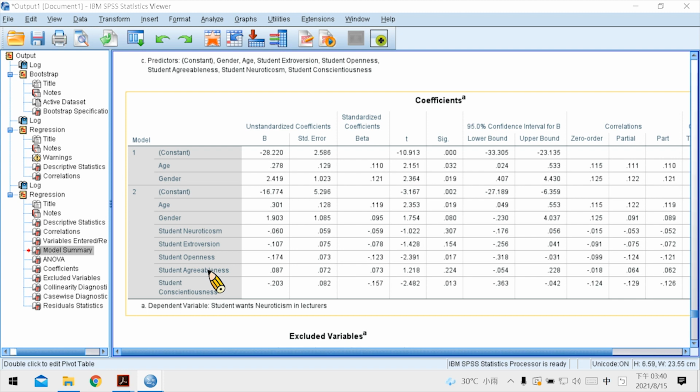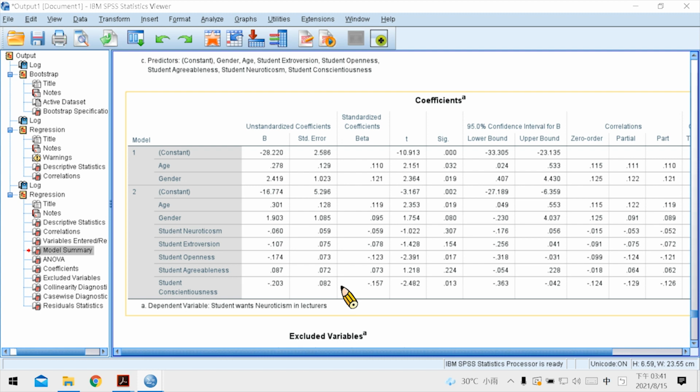So basically age, and student openness, and the conscientiousness, okay, were significant predictors of one lecture.